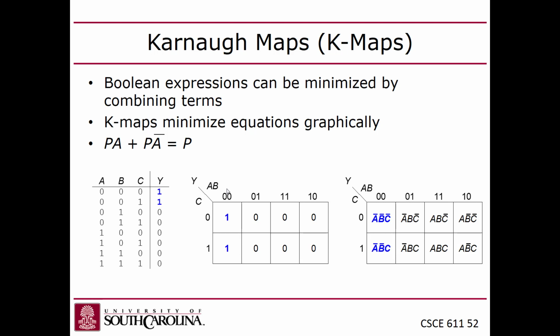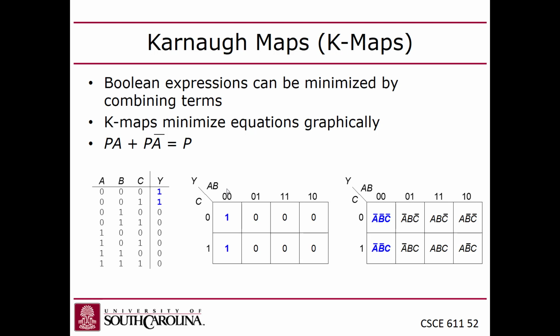And then the objective is that you're looking for implicants, which are groups of ones that you can circle and combine into a single product. You guys with me?